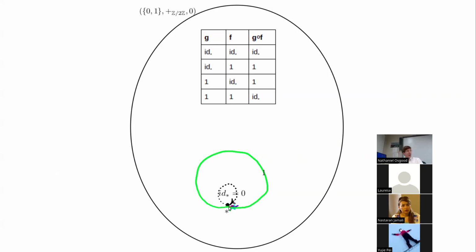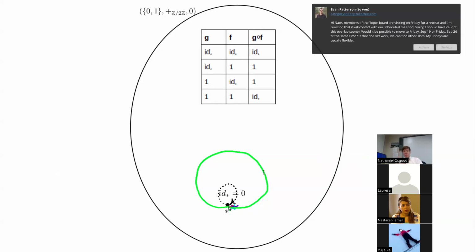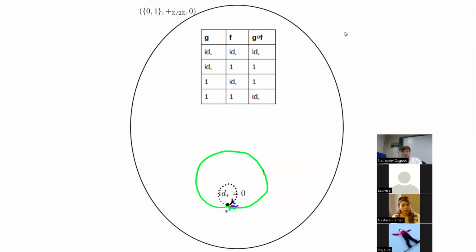Now, remember I said the structure is encoded through the rules of composition. That's the primary place we encode structure. Remember, you get to choose for a category. When you specify a category, you have to be able to specify the rules for composition.